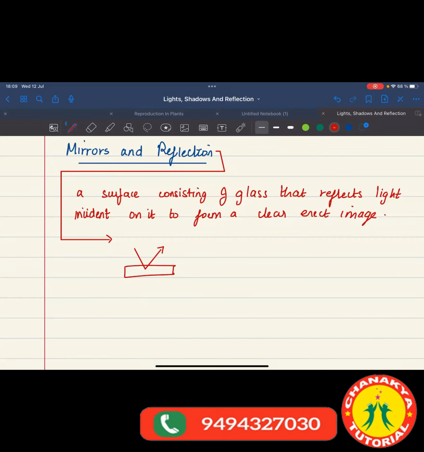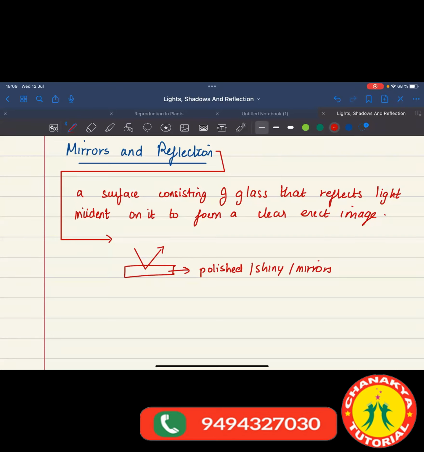So any surface that is really well polished, or if it's shiny, or if it's like a mirror, or acts like a mirror, then you can see that the surface reflects light.